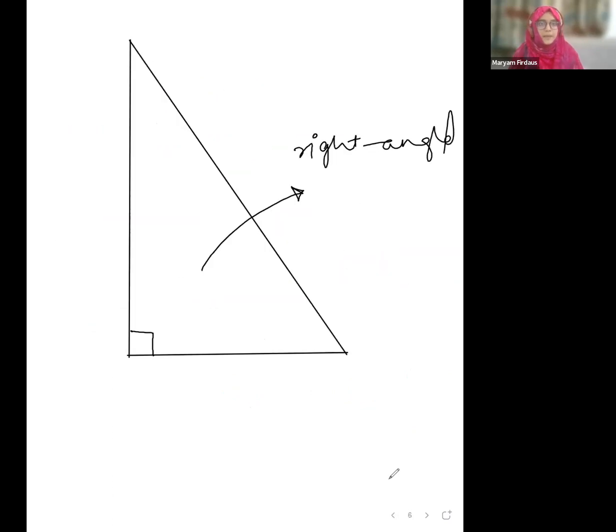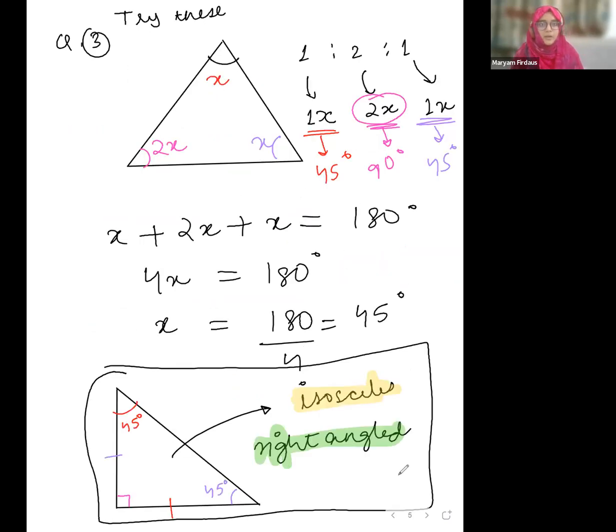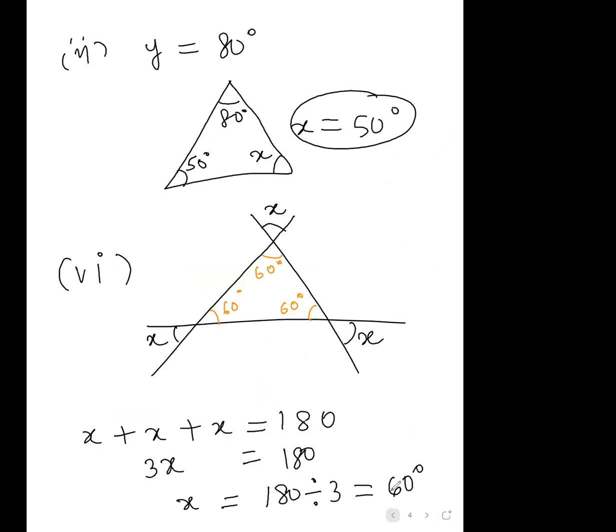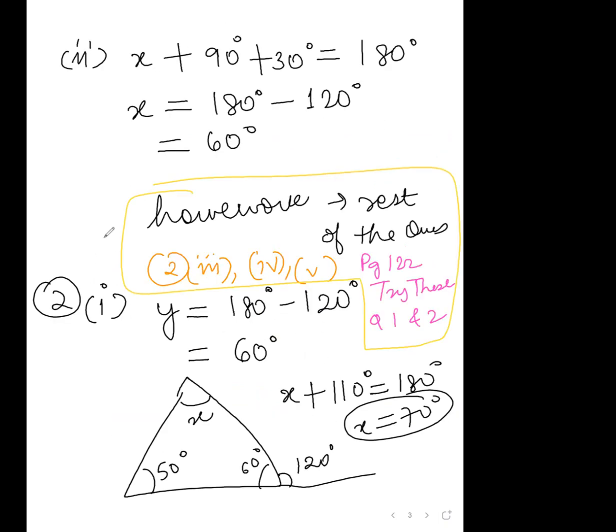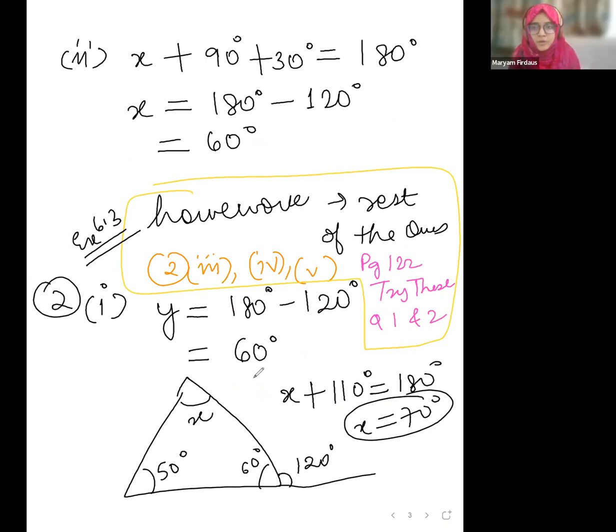Try the third, fifth, and sixth questions. Try the first and second questions, and exercise 6.3, the remaining questions. So we'll meet on Wednesday, right? I hope you'll be able to complete these questions till then. Okay, I'll try to complete all of them. I know you can, inshallah.